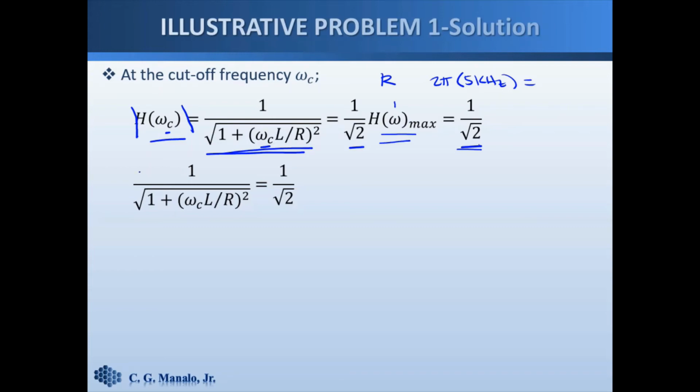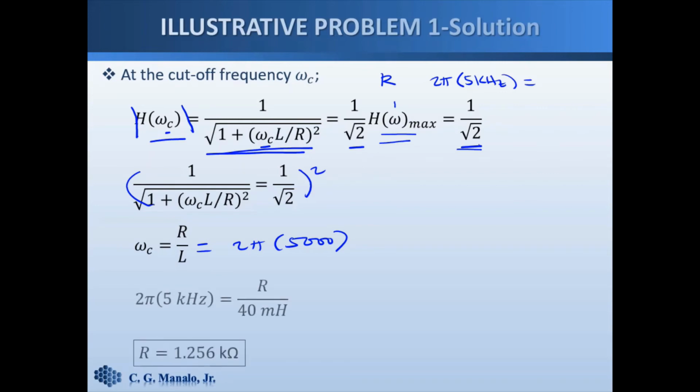Okay, so we square this to eliminate the squared function, and that should give us this one. And this should be equal to 2 pi times 5000 hertz. So we can compute for R there, and this will give us that value of R.